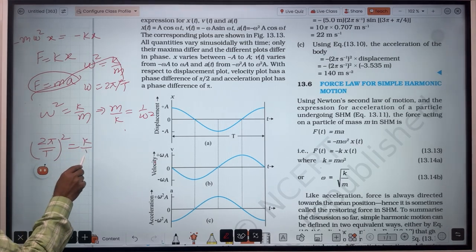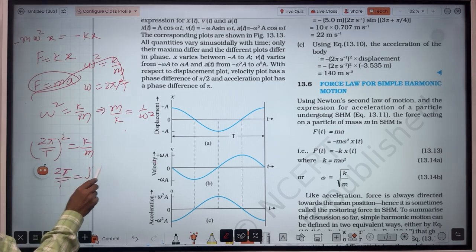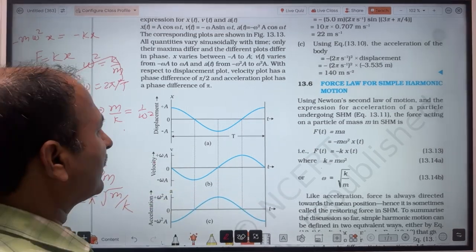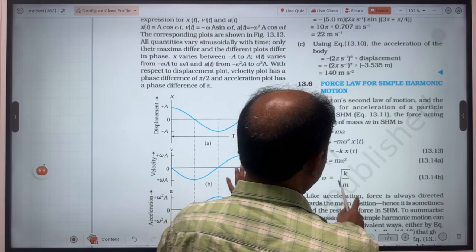Either you write this is k upon m, or 2 pi upon t equal to root k upon m, and then you can invert it. So t will be equal to how much? So from here it is clear, t you can take here, so 2 pi root m upon k. So this is the relation. Here the same thing they have given, so you can easily understand.